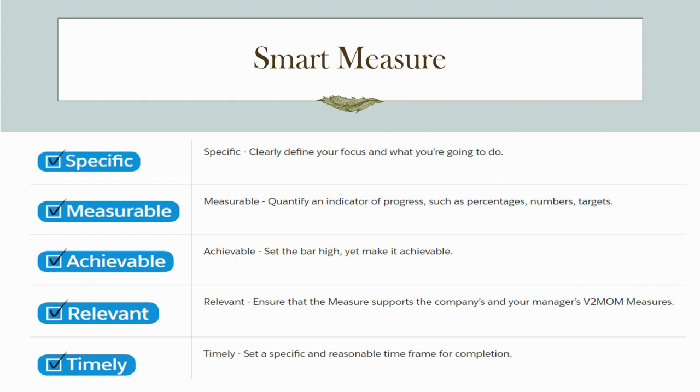See, SMART measures should look like: achieve market share of 30% by end of the year, and we should be in the top 3 by end of this fiscal year, or maybe in the top 30 by 2030. This is what a SMART measure should look like.